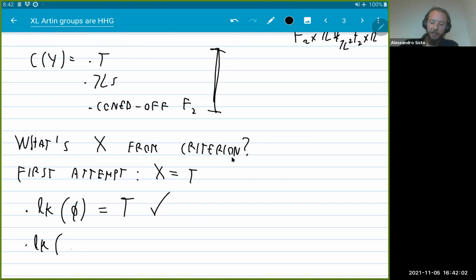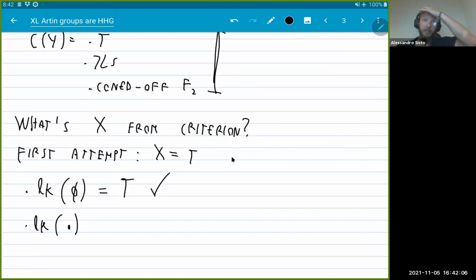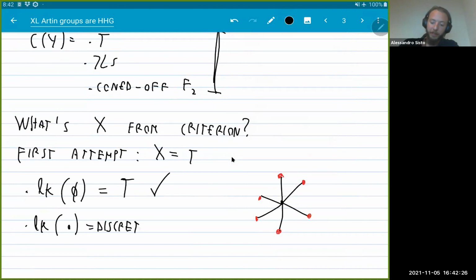Well, there's the link of just a vertex. Okay, so what's the link of a vertex? Well, it is discrete. It is discrete, but that was expected. We knew that we were going to get some discrete links.